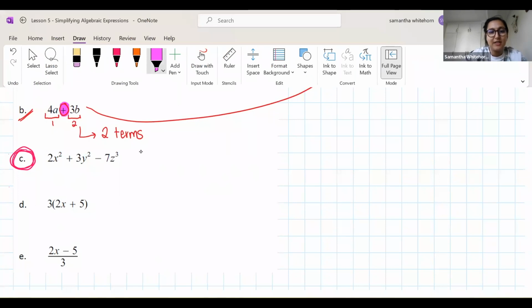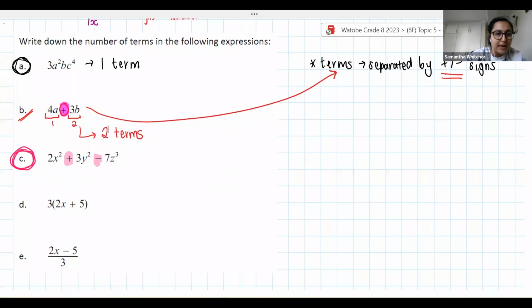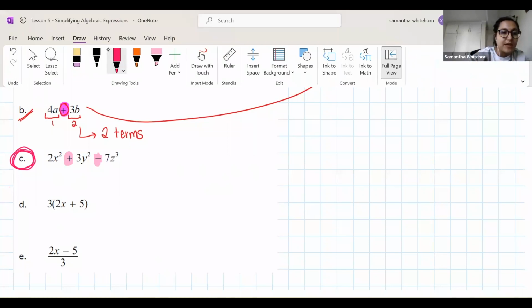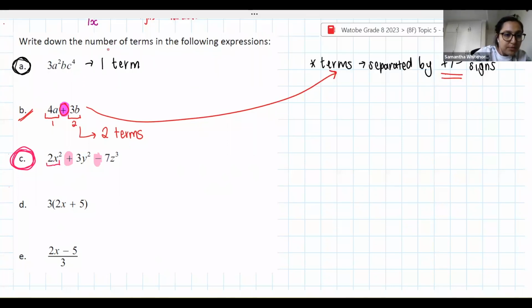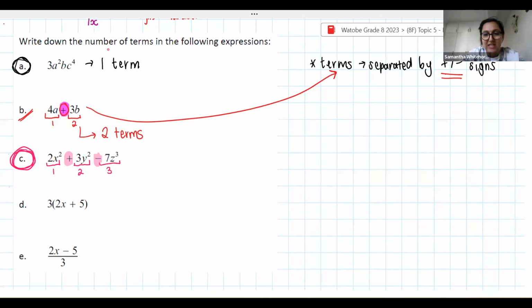Right, guys, very nicely done. Okay, so if we have a look here, there's my plus sign, there's a minus sign. The second I see those signs, it's telling me that it's separating terms in my expression. So I've got one term of 2x squared. I've got another term of positive 3y squared, and I've got another term of negative 7z cubed.